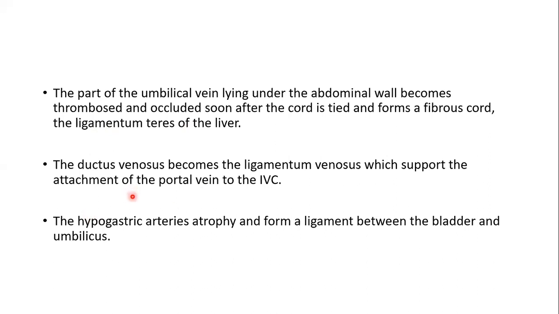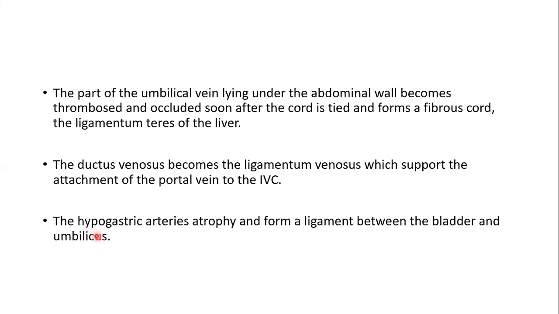The hypogastric arteries atrophy and form a ligament between the bladder and the umbilicus. But the part between the iliac artery and the umbilicus becomes the superior vesical artery.